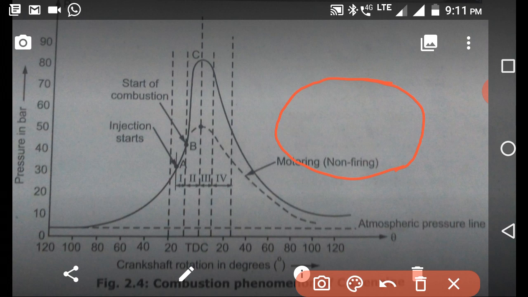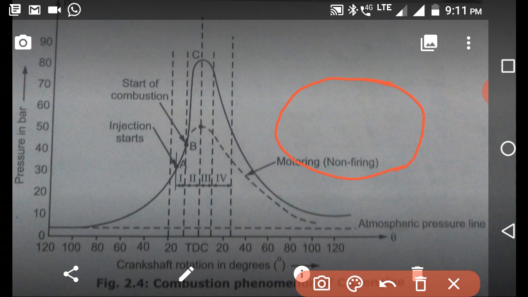So here now, what is the difference in combustion of SI engine and CI engine? In SI engine, we are supplying the air fuel mixture, and at one end we are placing the spark plug.